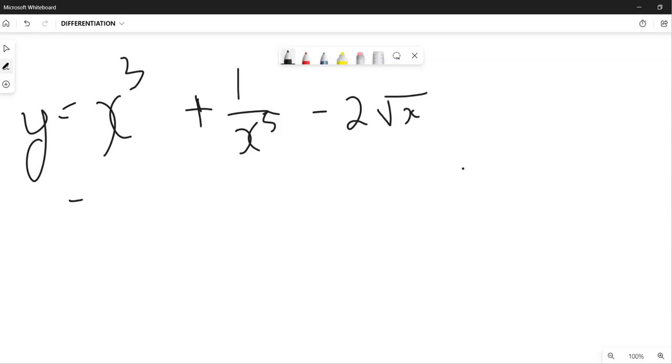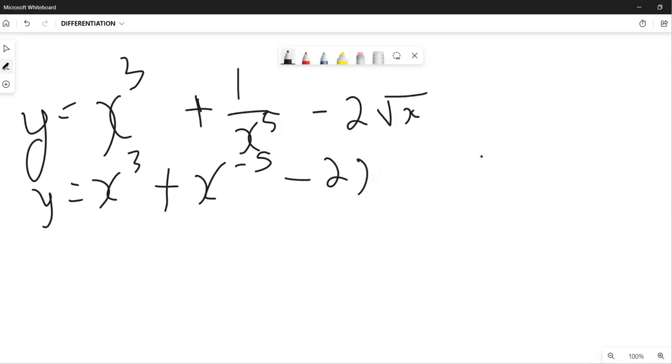Alright? So the x cubed is okay, it's normal. We write 1 over x to the 5th power as a power, not a fraction. It would become x to the -5th power. Law of indices, fractional index law. And then this one, as I showed you in the last example, root x is the same as x to the 1/2 power. Alright, so everything is okay.